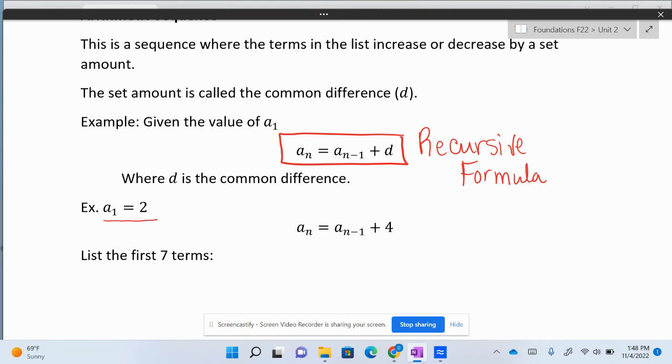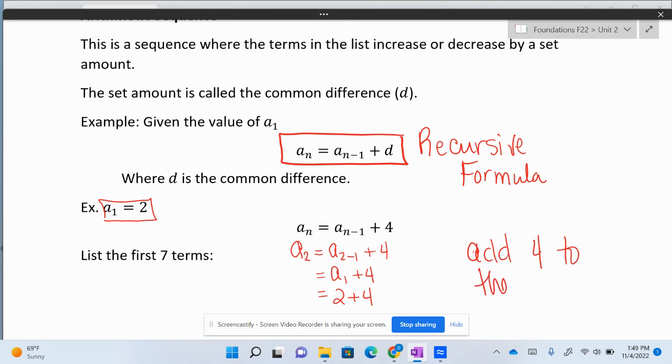Like I know what the first term is. So if I wanted to find the second term, well, that's 2 minus 1 plus 4. But what is 2 minus 1? 1 plus 4. But what is my first term? 2 plus 4. So all this is saying is add 4 to the previous term. That's what this is saying.